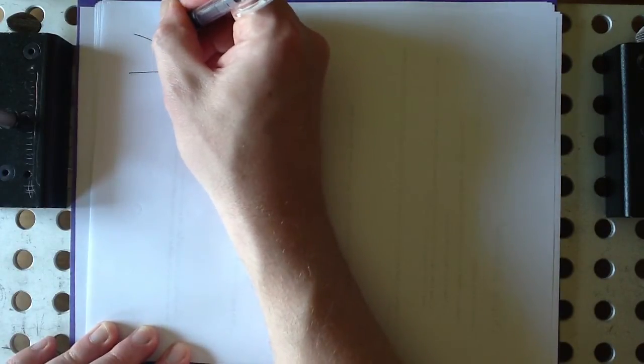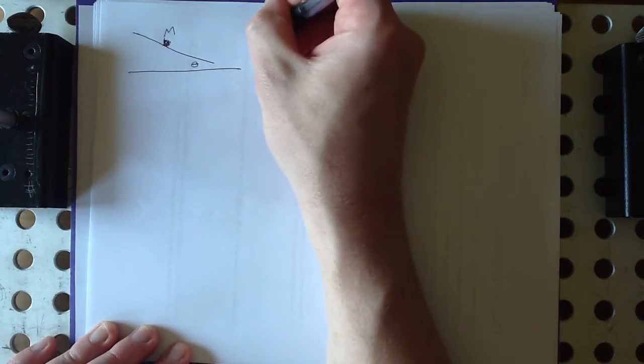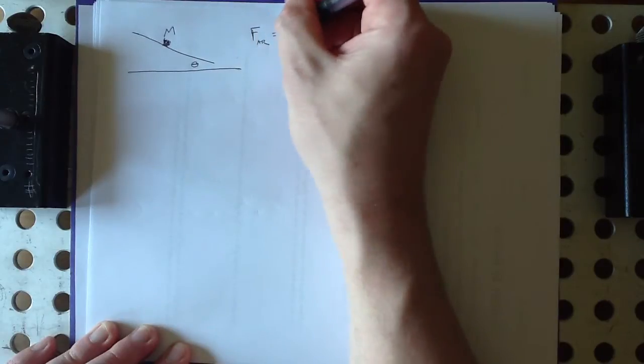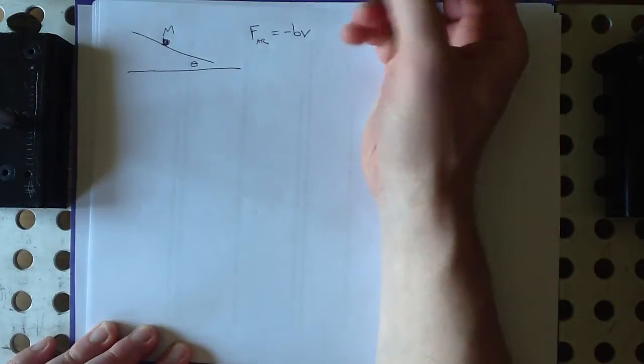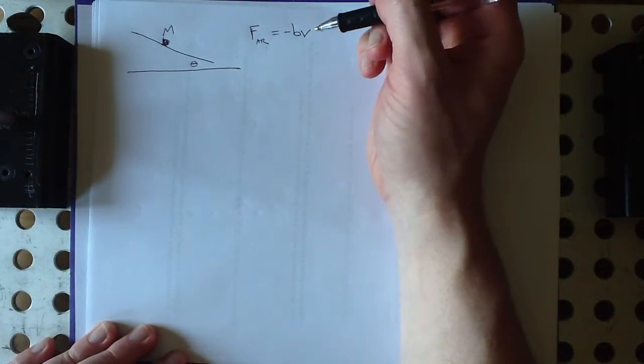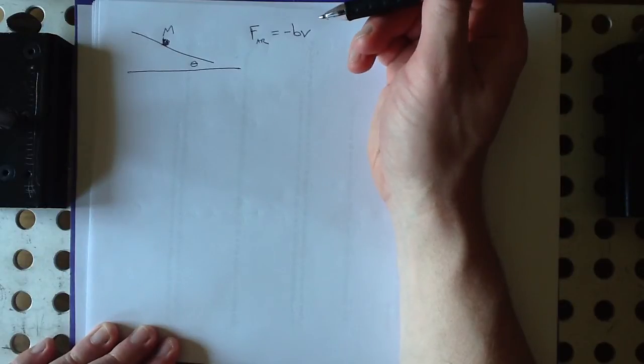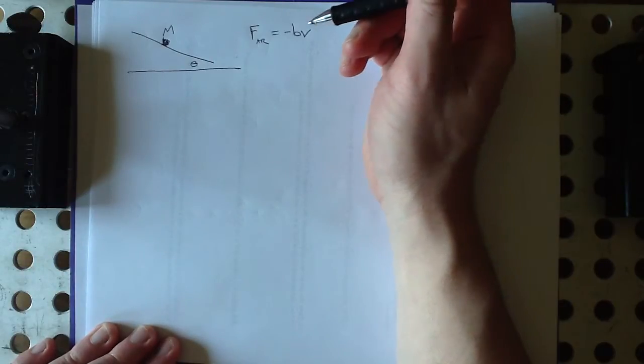The skier has mass m. The force of air resistance on the skier is negative bv. So this is going to be our differential equation type situation here. And I think those are all the constants that we need.